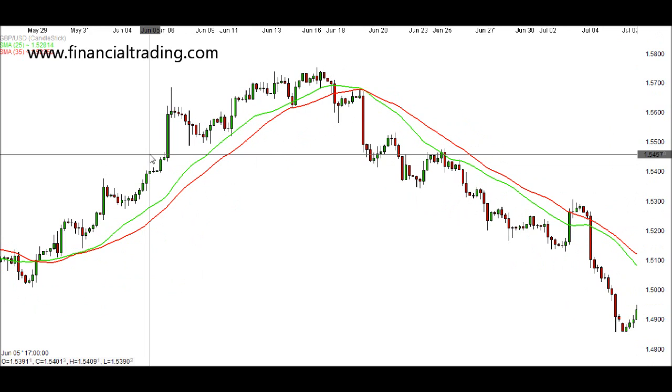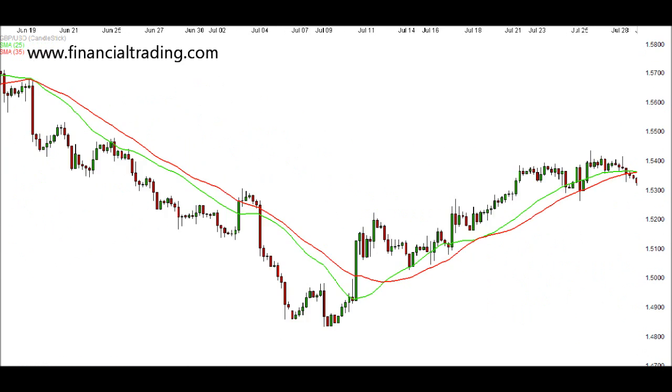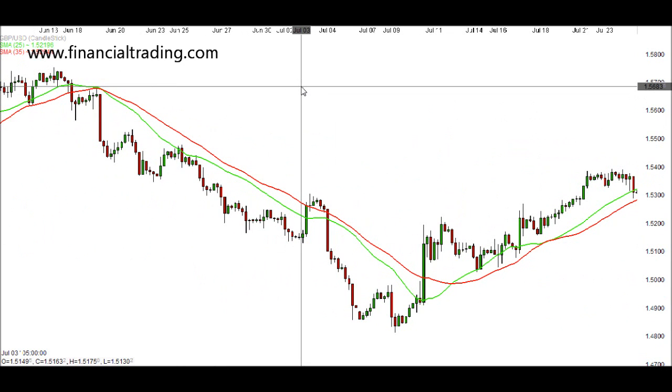At the end of this uptrend and the start of a downtrend, we have the crossover here. Price is uptrending and then starts downtrending. Once again, we have our crossover, price is downtrending, then price starts uptrending, and we have our crossover.